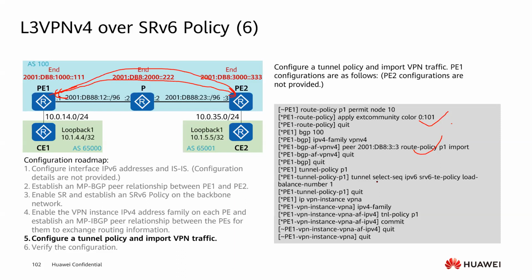This is how you select the tunnel. We selected SRv6. So the tunnel policy is used in the IP VPN instance, which means when this VPN instance forwards a packet, it will try to find the SRv6 tunnel and use it to carry the traffic.